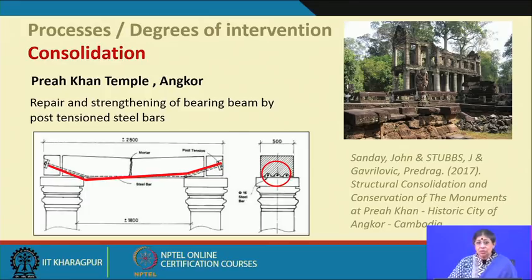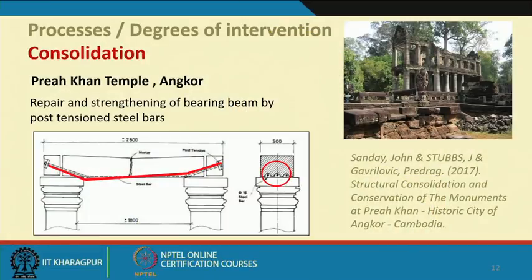It is a new material, we are definitely introducing a new material to a historic element, but as I say, the decision is generally taken after a lot of deliberation and discussion, that this is the method which can sustain it for a longer time, and we have to give that support. So, this is again another process of consolidation.